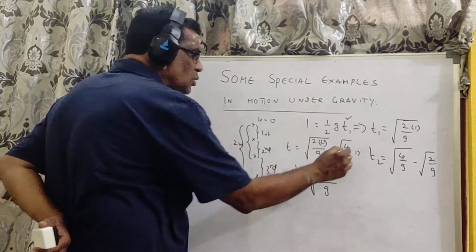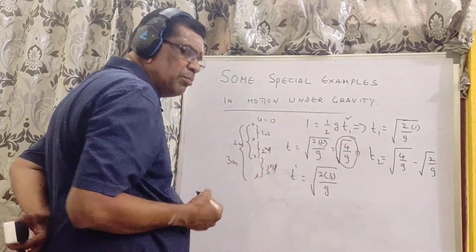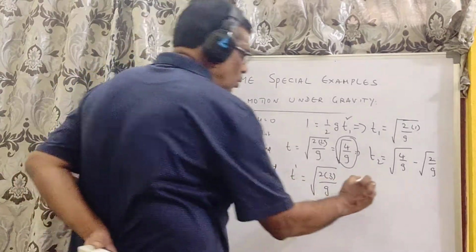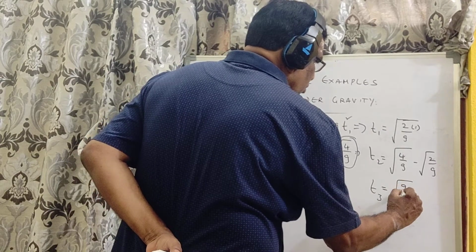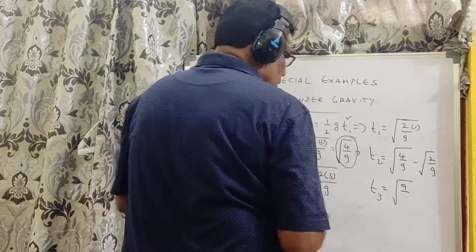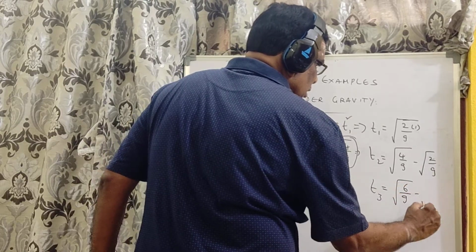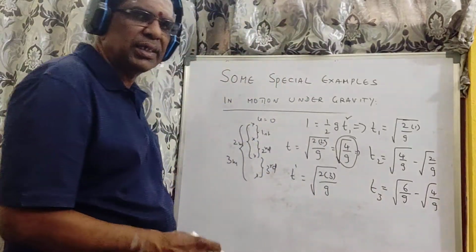And for 2 meters, you already got this. So the 3 meters time minus the 2 meters time will give you the third meter time. So I'll write T3 as under root of 9. Sorry, how much is this? 2 into 3, 6 by g minus root 4 by g. Likewise, you go on getting.